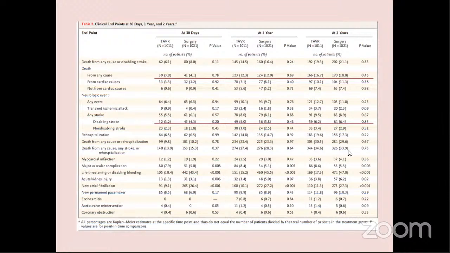As well, disabling stroke after 2 years of follow-up was 6.2 in the TAVR group and 6.4 in the surgical group.